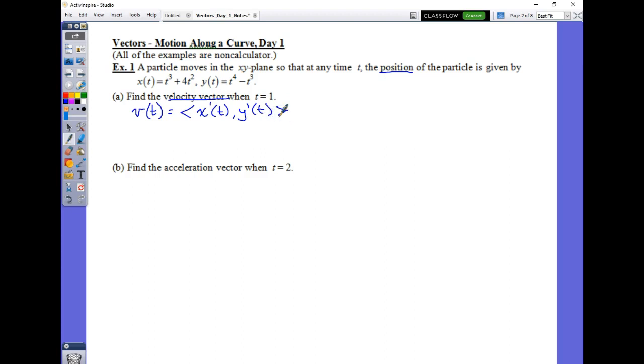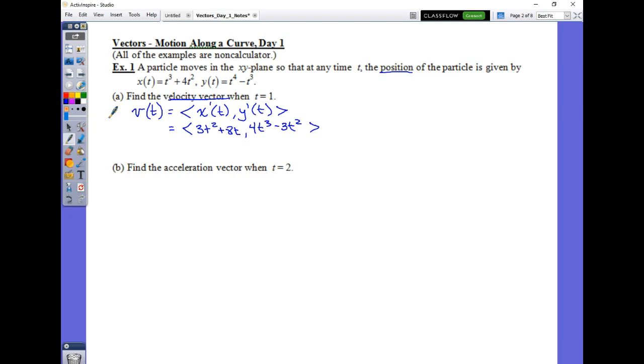So we simply take the derivative of both of those terms. V of t can be defined as x prime of t, 3t squared plus 8t, and y prime of t being 4t cubed minus 3t squared. And that would be your velocity vector for any time t.